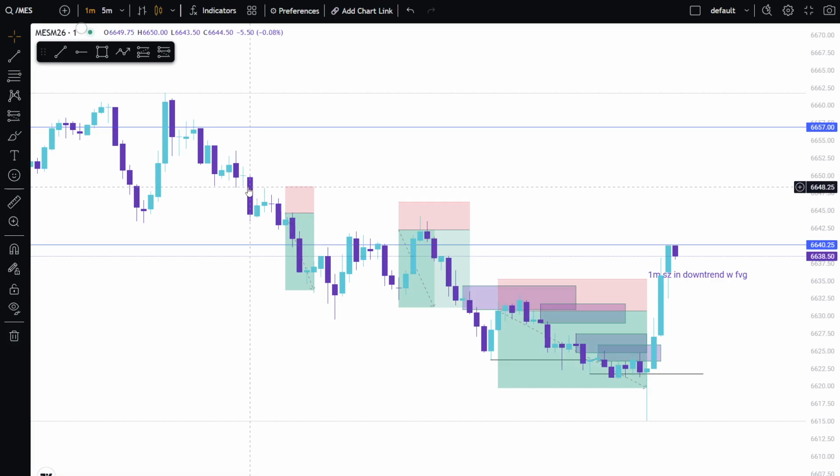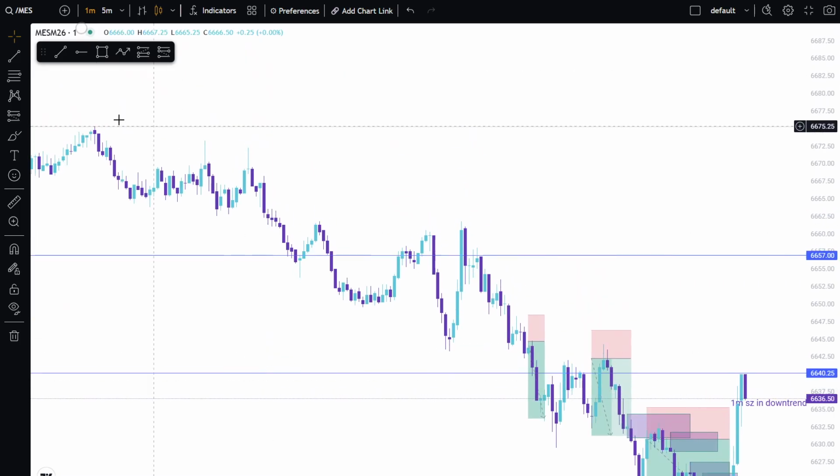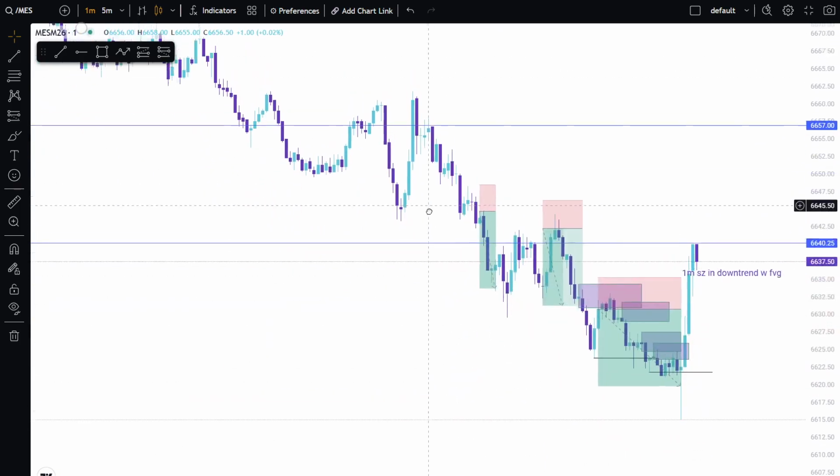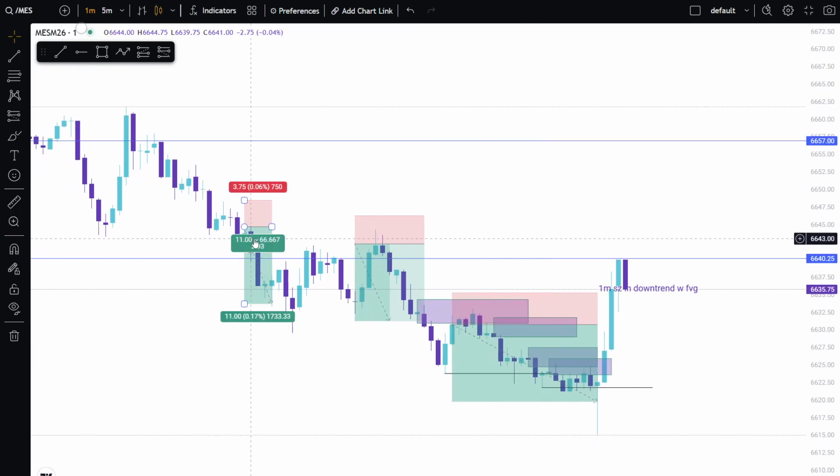So you're expecting price to come back to this point and then continue lower. Realistically, you're trading minor structure, but it still works as long as you're trading base hits like this, like 2RR.